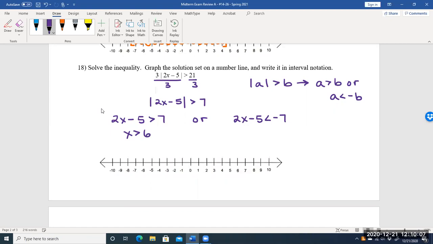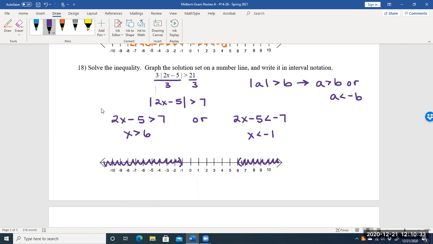I'm hoping we're okay with solving that 2-step inequality. And then over here, we're going to get x is less than negative 1. So x is greater than 6 would be this interval here. x is less than negative 1 would be this interval over here. And that is our solution set.